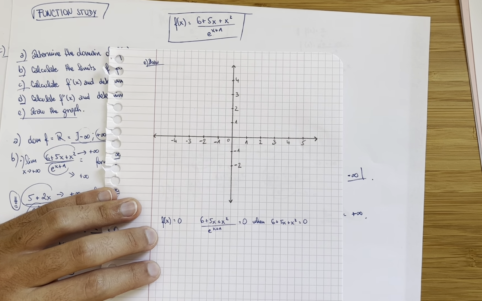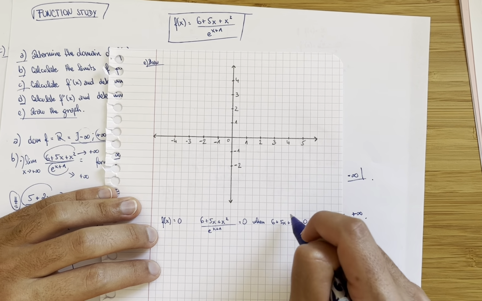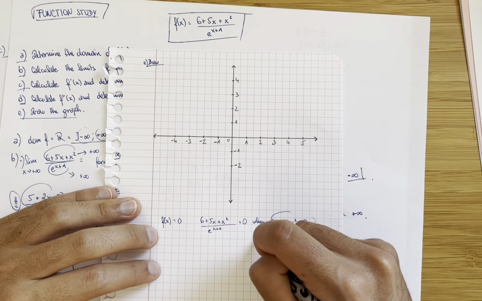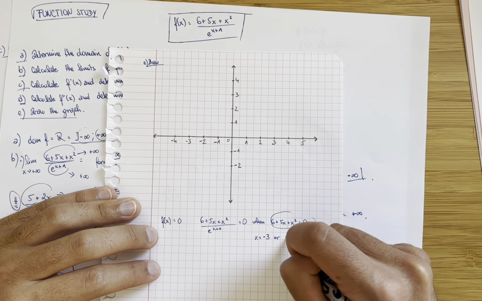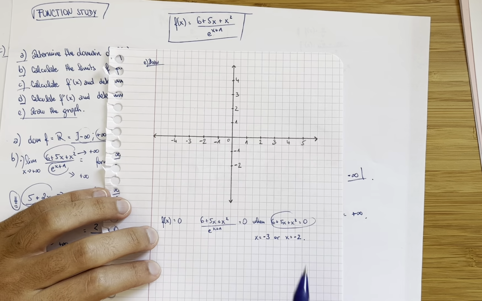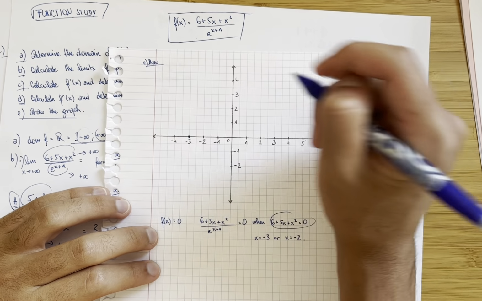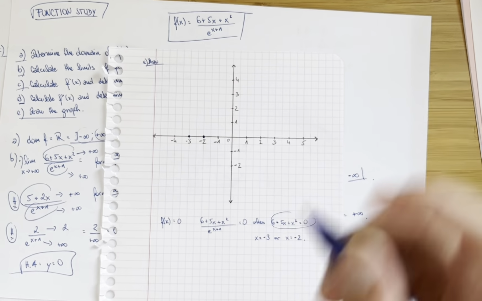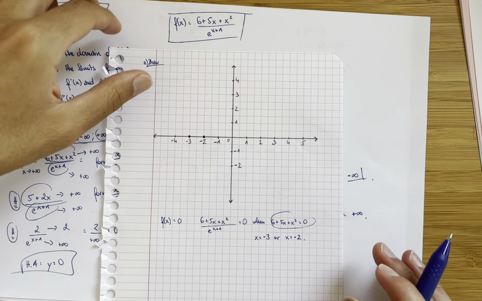So now here you just apply the delta method and you will find out that this function is equal to 0 when x is either minus 3 or minus 2. So we can already put those 2 points into our graph. We know that here the function is 0 and here the function is 0. And that is basically the only thing that we still needed in order to be able to draw this function.